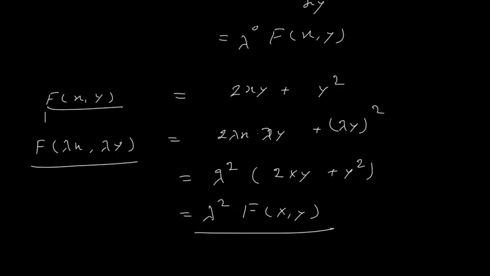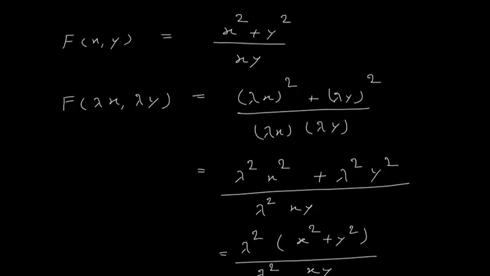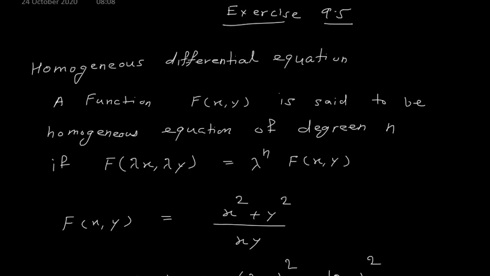So I think this will clear to you what is a homogeneous equation. A homogeneous equation is an equation in which if I replace x and y with lambda x and lambda y, then I will get the same function multiplied by lambda power some number, some integer number.